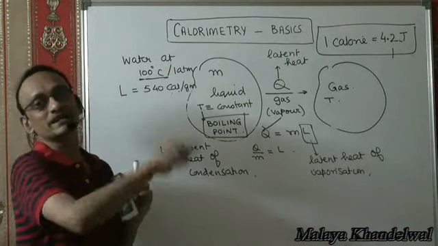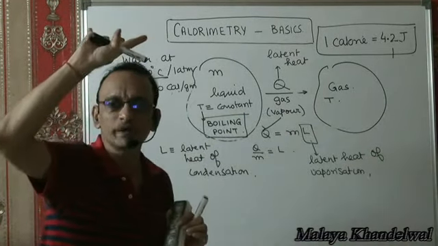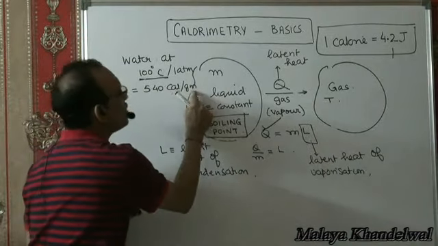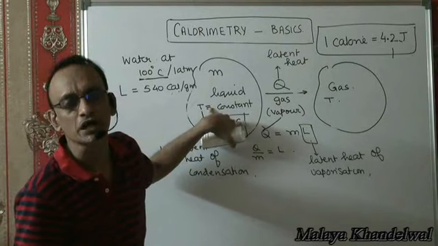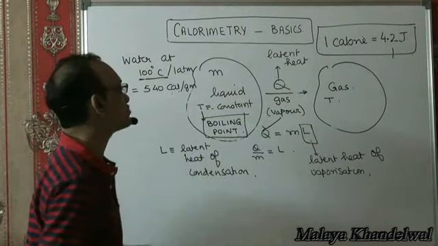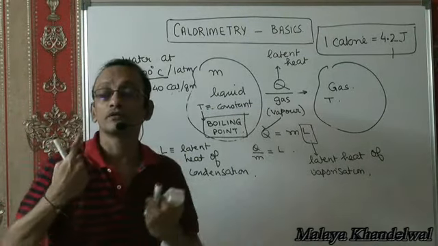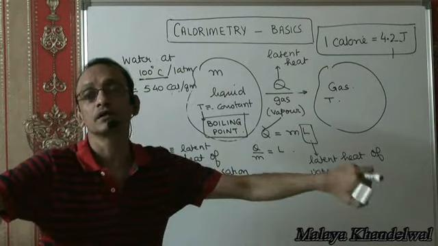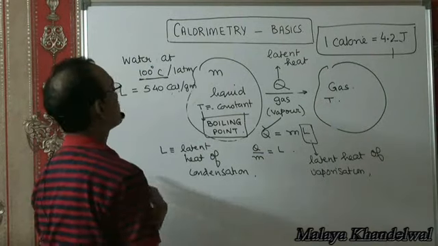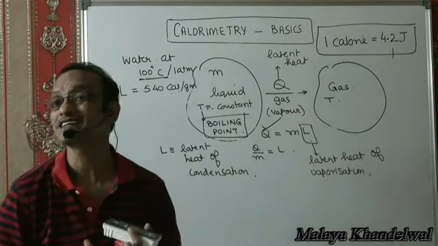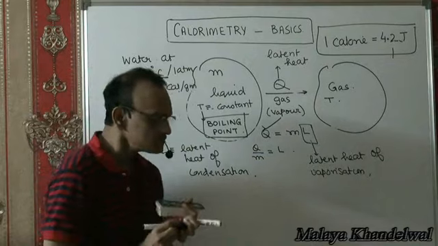That would be condensation. And how much heat would be expelled in condensation? Every gram of steam that converts into water at 100 degrees centigrade and 1 atmospheric pressure will expel 540 calories of heat, and which is now latent heat of condensation, right?